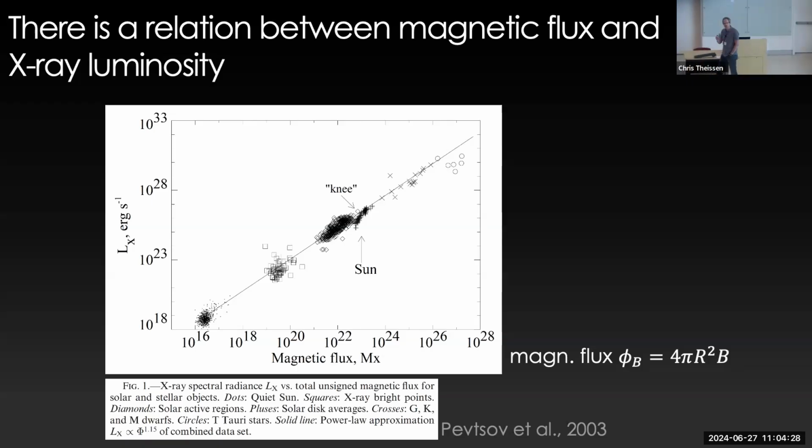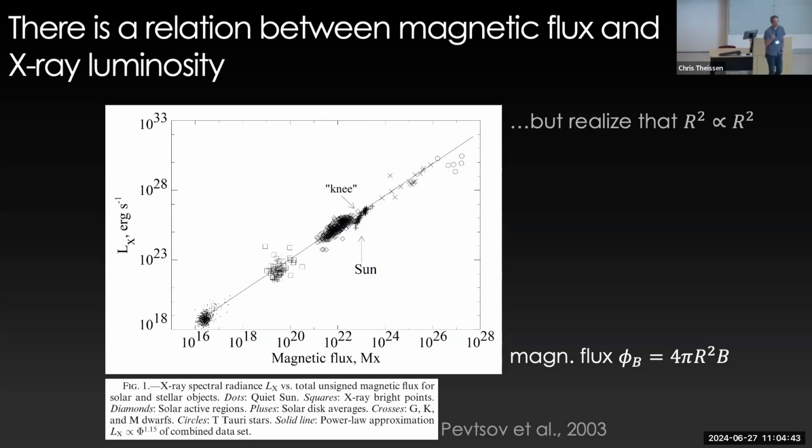And one of my missions today is to give you some stimulus to think about these kind of clear relations and whether they actually tell us as much as we think. Because what we see essentially is that R squared is proportional to R squared, which is a nice thing to prove. But it would be much better if we could take this R squared out here and this luminosity as well, and then we learn something about how the fields really connect to the X-rays.